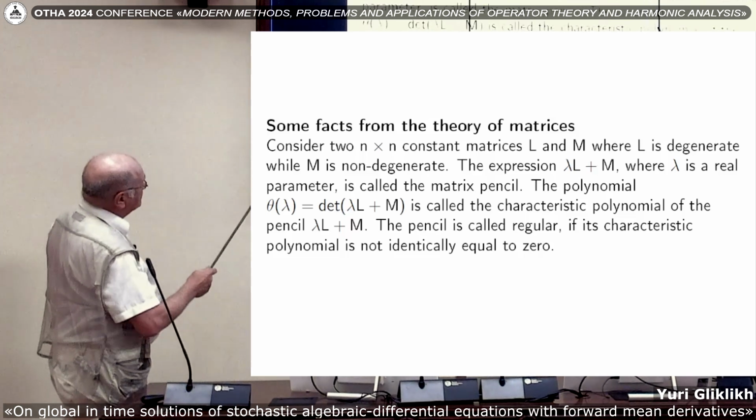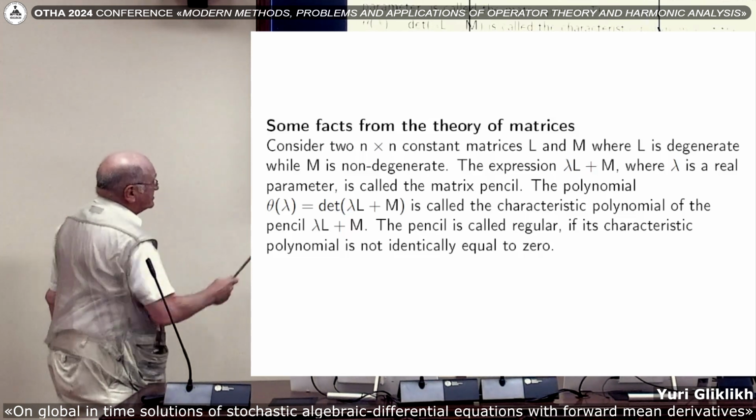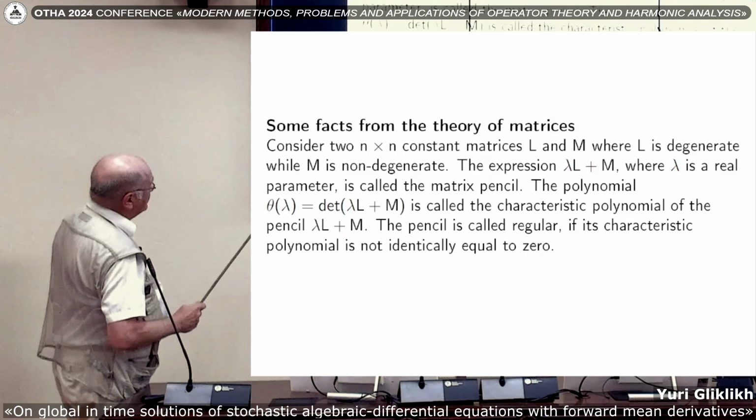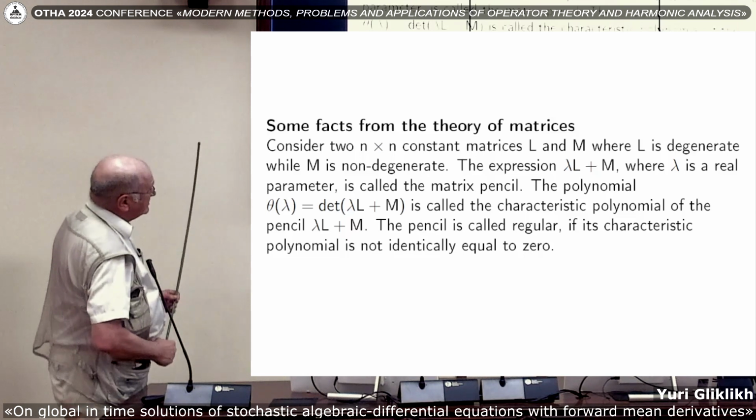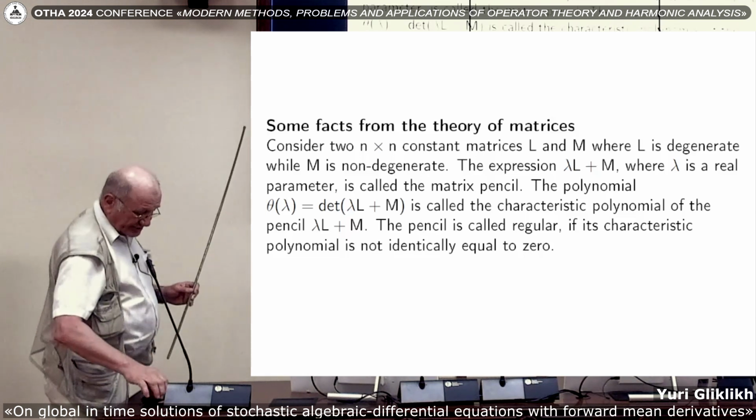The polynomial, the determinant, is called the characteristic polynomial of the pencil. The pencil is called regular if its characteristic polynomial is not identically equal to 0.